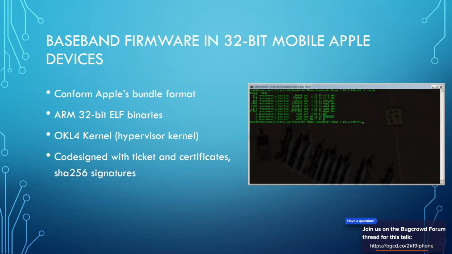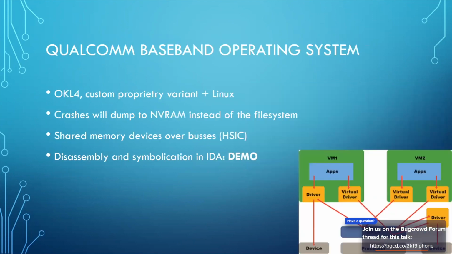In the main baseband image, which you cannot see in the picture here in the presentation but in another, I will show you again. You can see the AMSS baseband image, which is the operating system of the baseband, and it's built upon the OKL4 kernel, which is a hypervisor kernel. I'll talk about that more later.